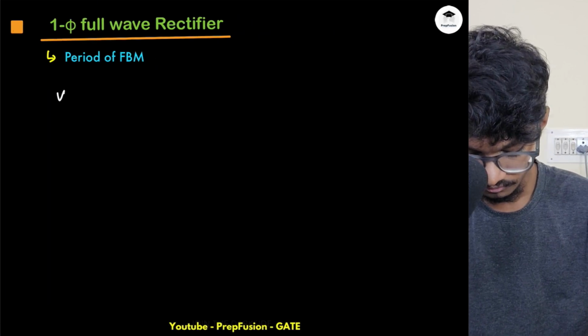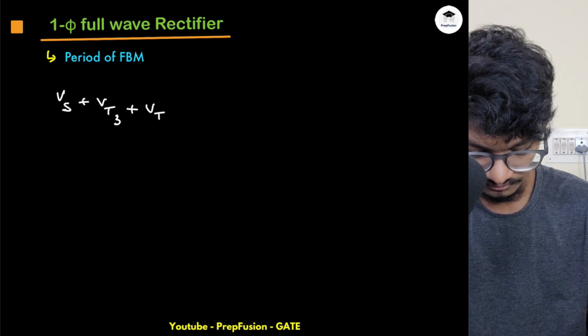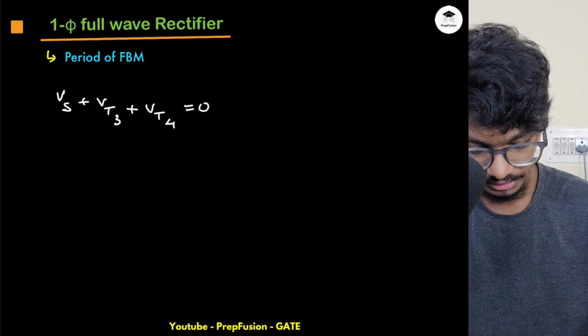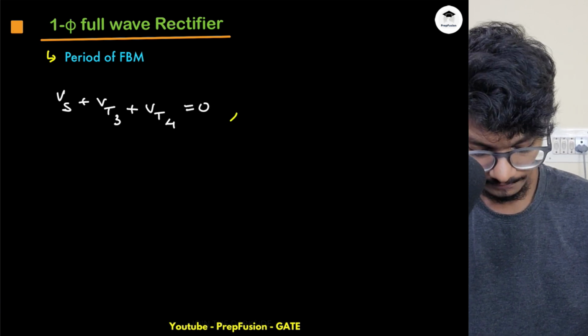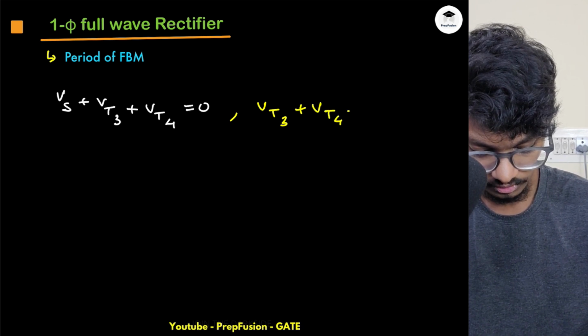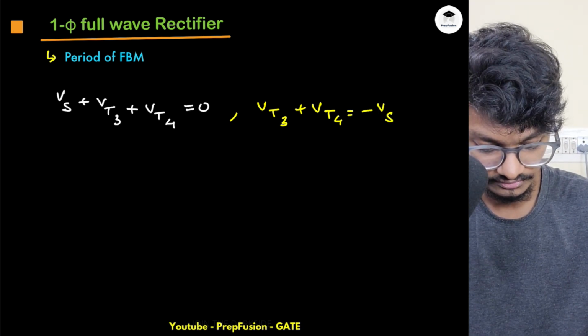So Vs plus Vt3 plus Vt4 equals 0. So Vt3 plus Vt4 equals minus Vs.